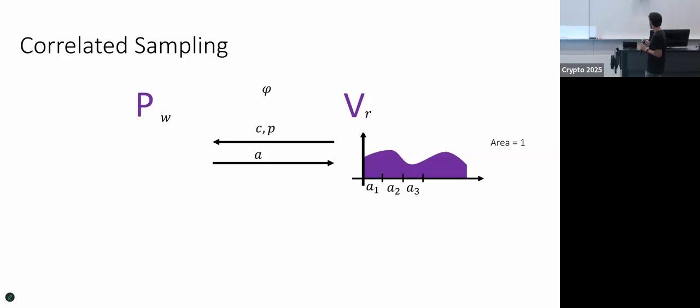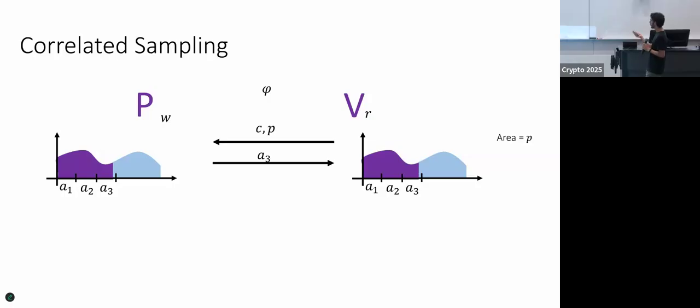The verifier, given p, can just find the point on this line such that the area below the histogram up to this point is exactly p. And if this point is in the segment related to A3, it will only accept if the prover sends A3 as an answer. And now the prover has the same histogram, so he can do the same, and then they will agree on the same value. So this gives us a predictive argument.